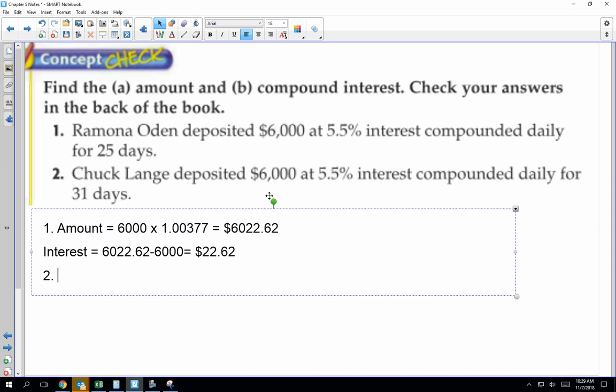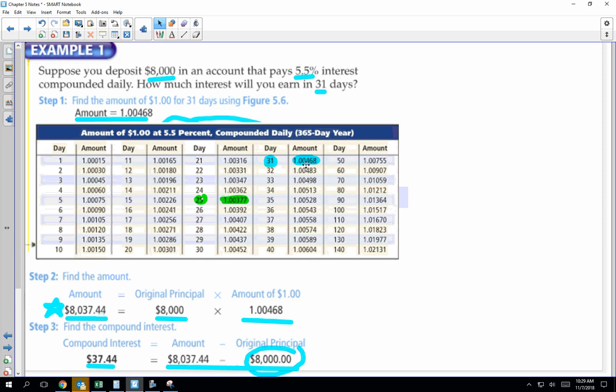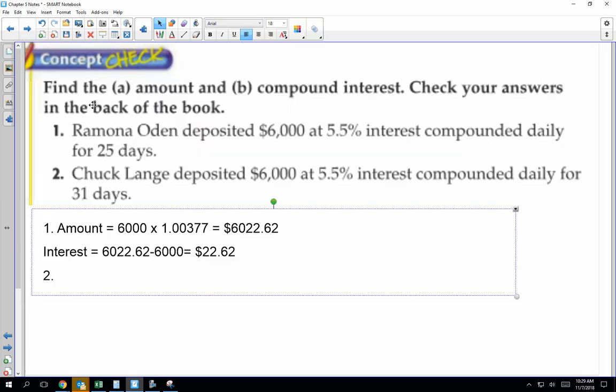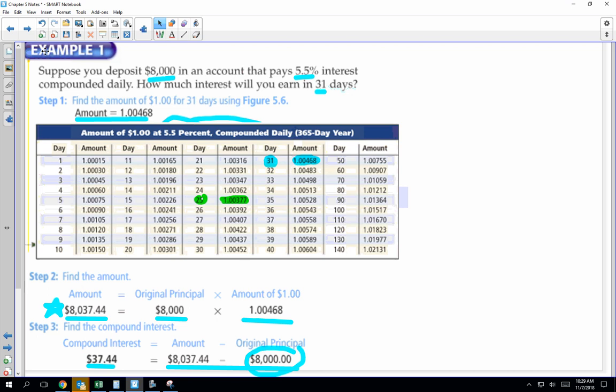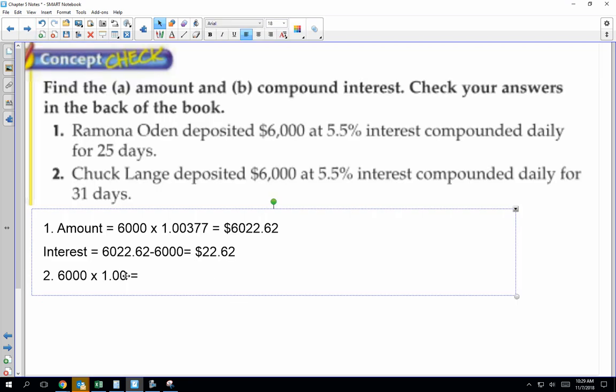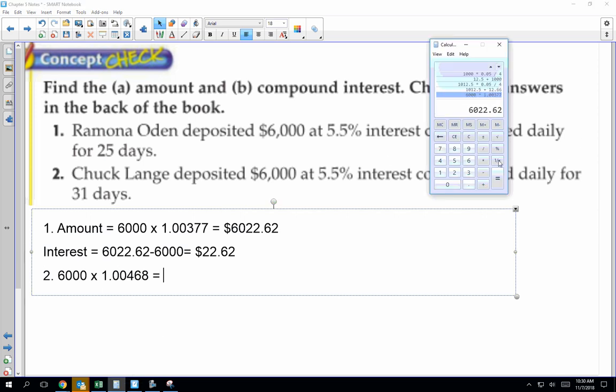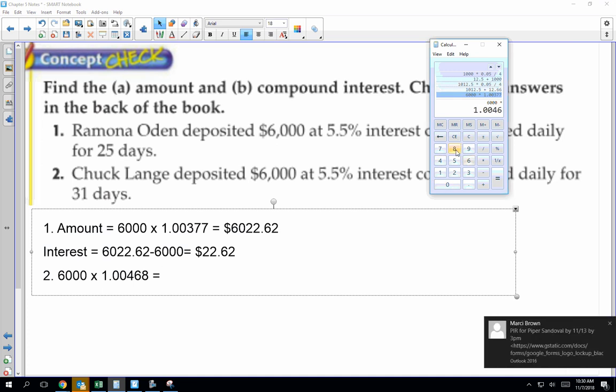Our buddy Chuck deposited $6,000 and he let it sit for 31 days. So that's the 1.00468. We're going to do this very same thing. We're going to do that calculation: 6,000 times 1.00468.